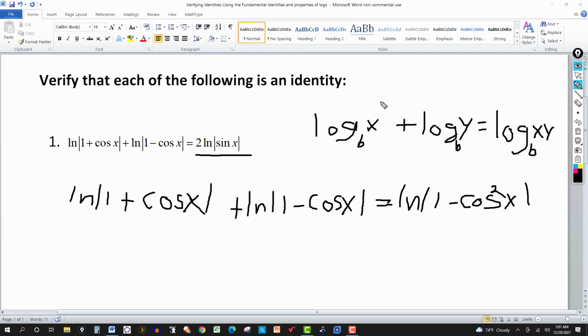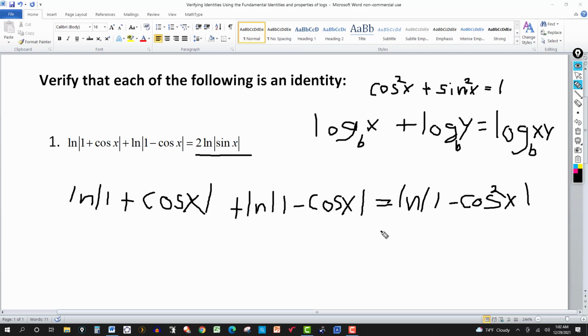So again, I'm going to use the identity, one of your fundamental identities: cosine squared of an angle plus sine squared of the angle equals 1. So you can see then, if I solve this fundamental identity for sine squared x, I would bring the cosine squared x to the other side, and that would tell me that sine squared of x is equal to 1 minus cosine squared, which is this right here.